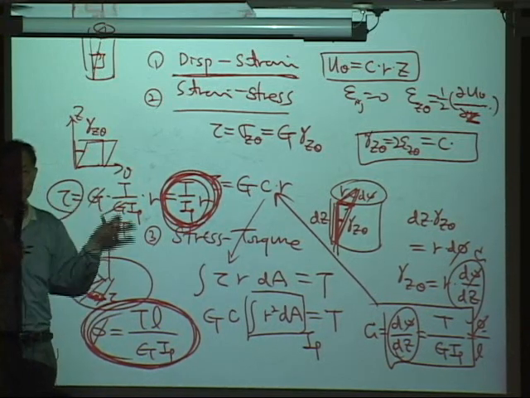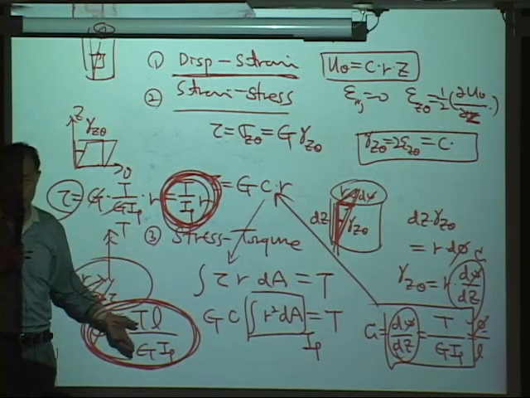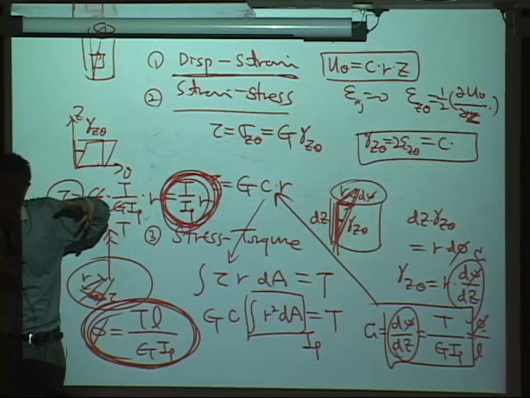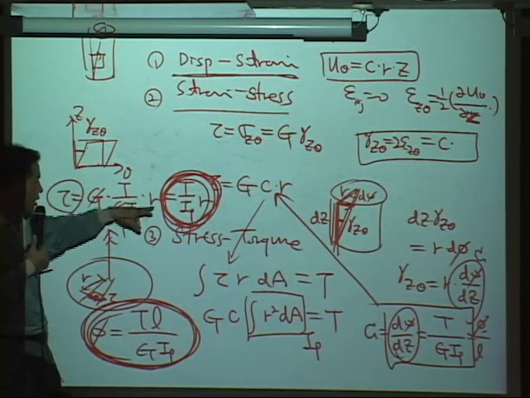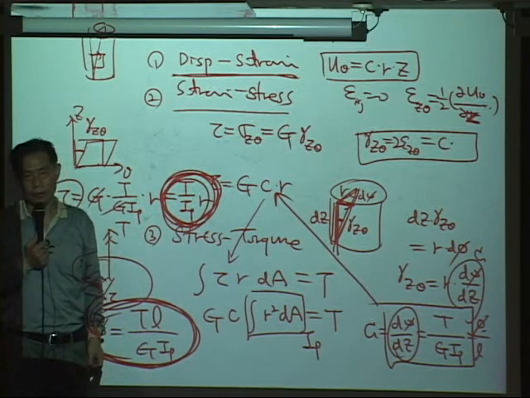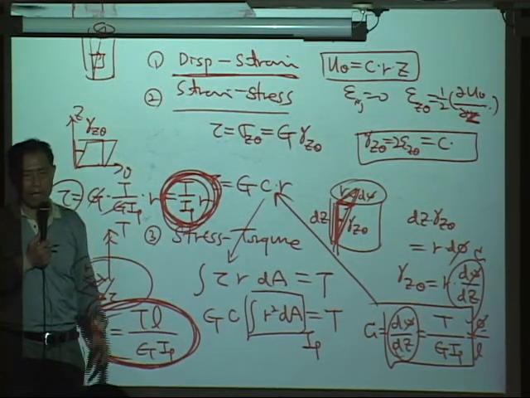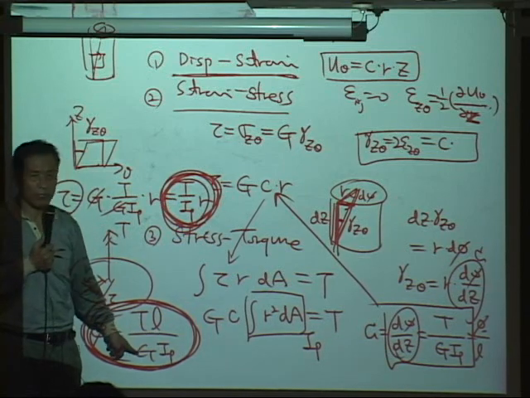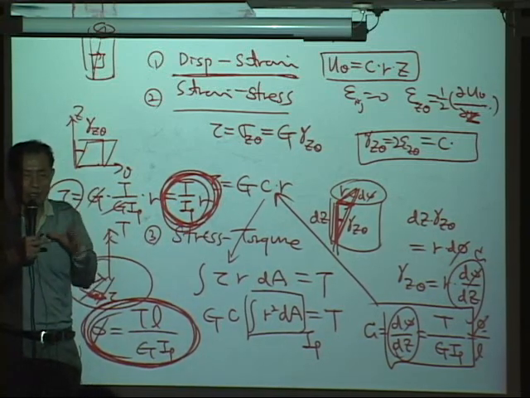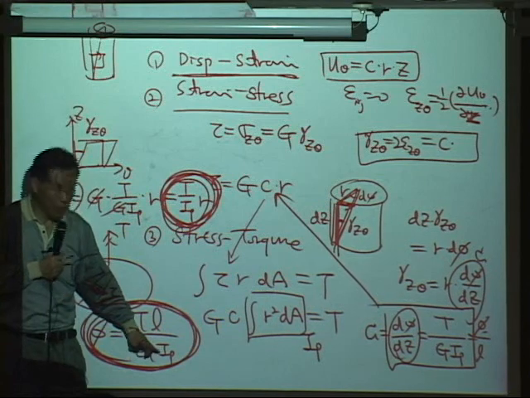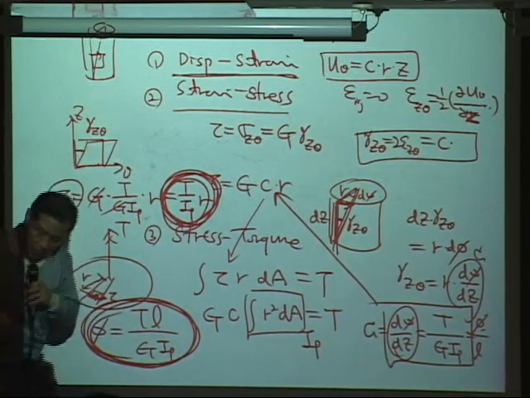Those two equations are final. They tell how much you get the angle of twist, how much it deforms, and how much stress we will get from the torque. The shaft material stiffness is G, and the size of the shaft is represented by IP. What is the IP?